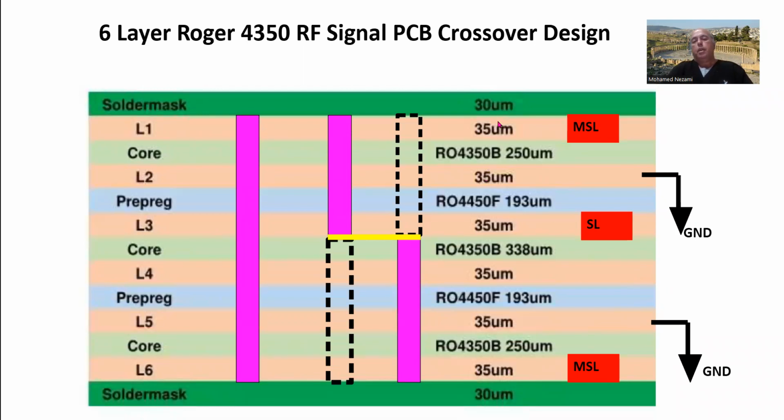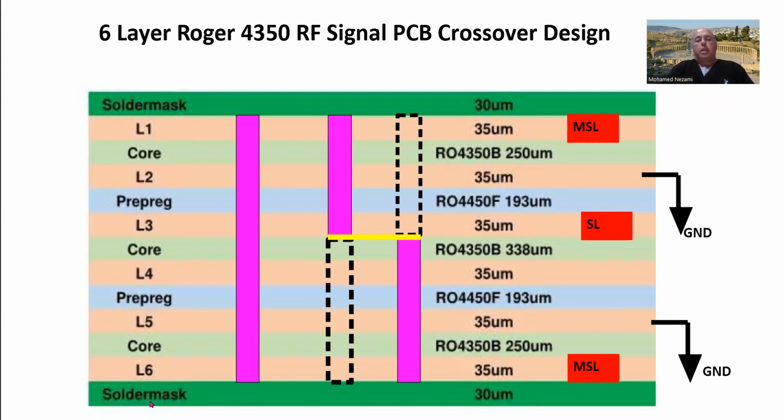The copper thickness in this case is all 35 micrometers, where the cores are 250 micrometers or 0.25 millimeter, and then the 2 prepregs are 193 micrometers in this case. So you can see that.